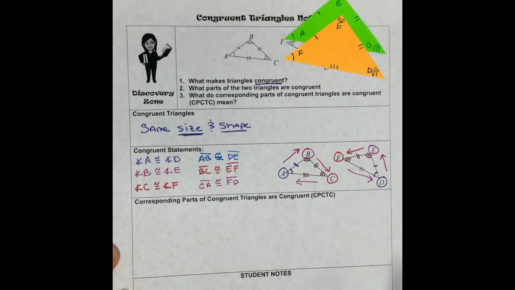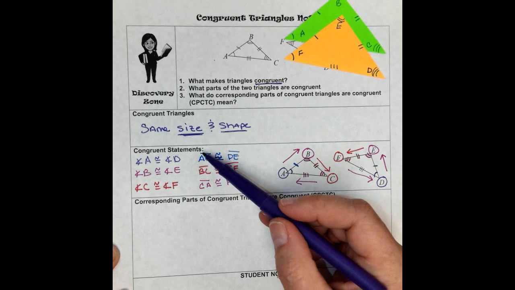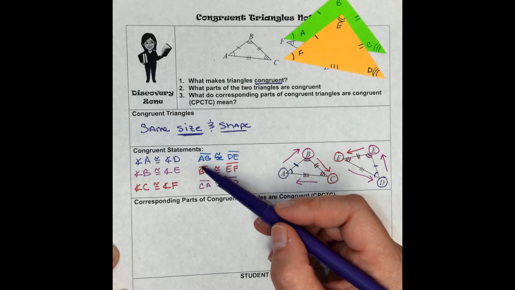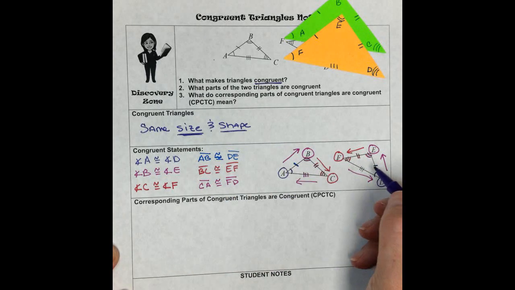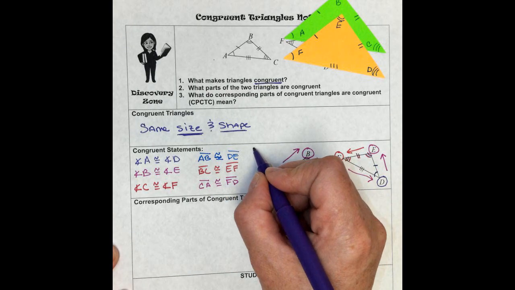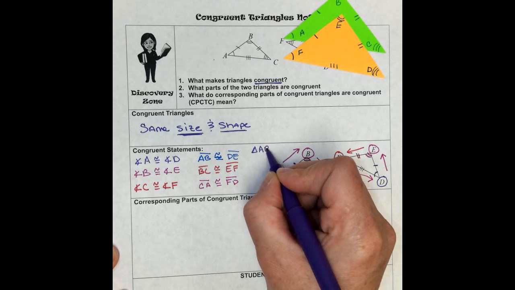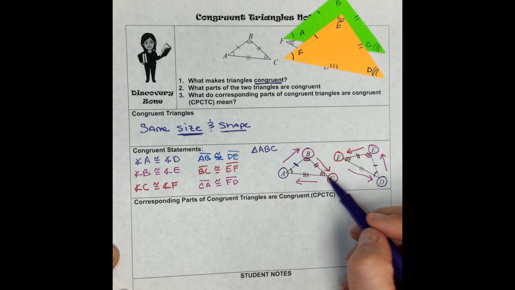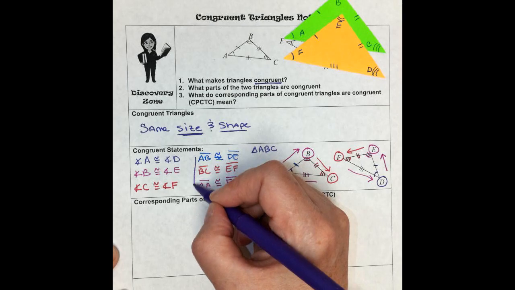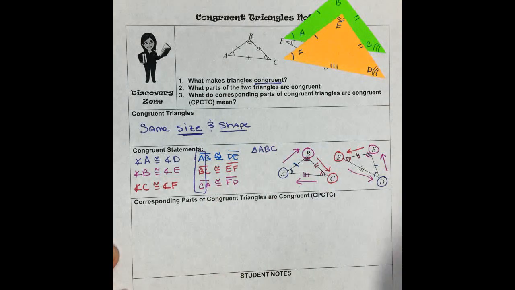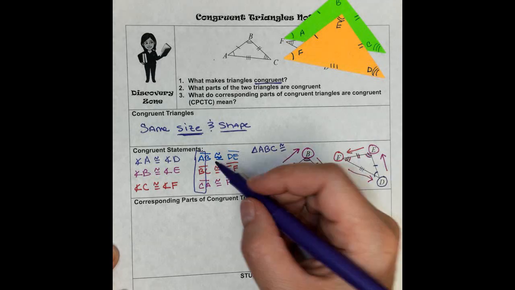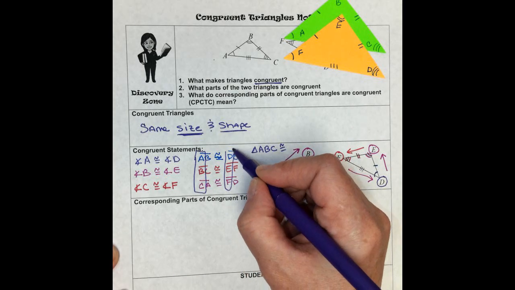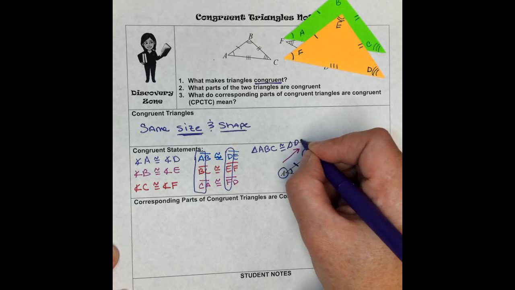Now, kiddos, I want you to pay attention to how these segments look. If you look at this first one here, this is ABC. So if I was writing my congruent statement for this guy, it would be triangle ABC, because that's how we walked it. And look, right here, triangle ABC is congruent to triangle DEF.